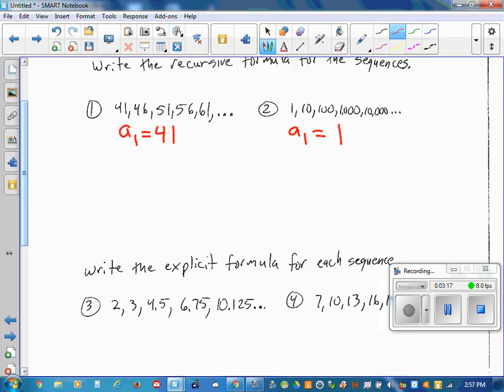Then we just do the recursive formula, which would be An is equal to the first term, which is 5, plus the previous term. For the next one, you have to multiply the previous term. So An is equal to 10 times An minus 1.